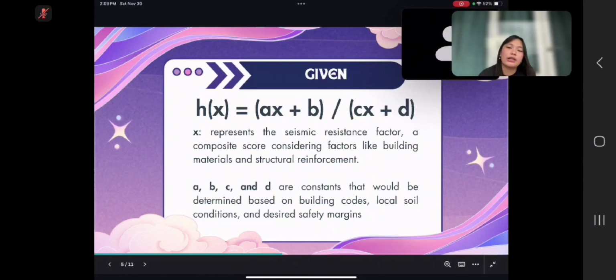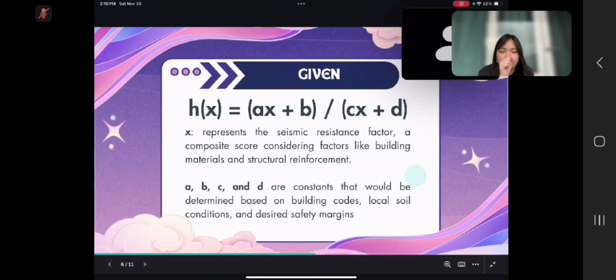Here x represents the seismic resistance factor, a composite score considering factors like building materials and structural reinforcement. A, B, C, and D are constants that would be determined based on building codes, local soil conditions, and desired safety margins.